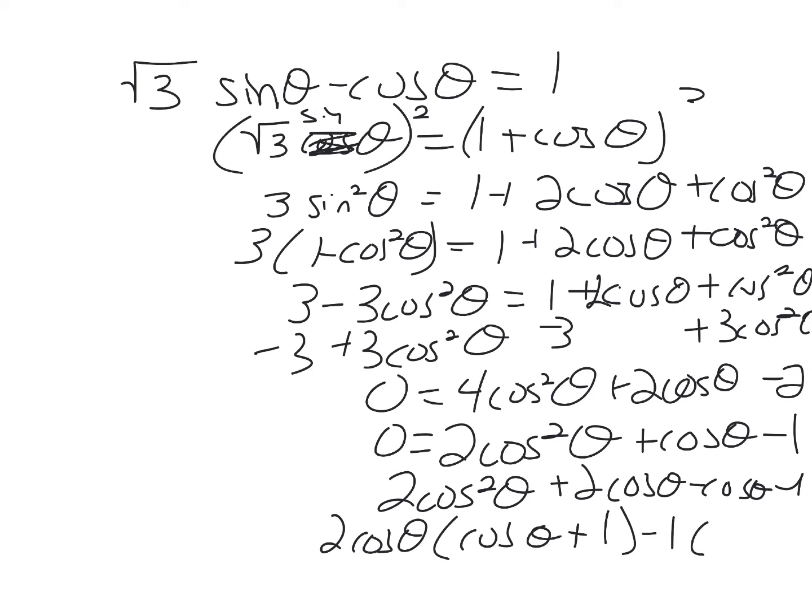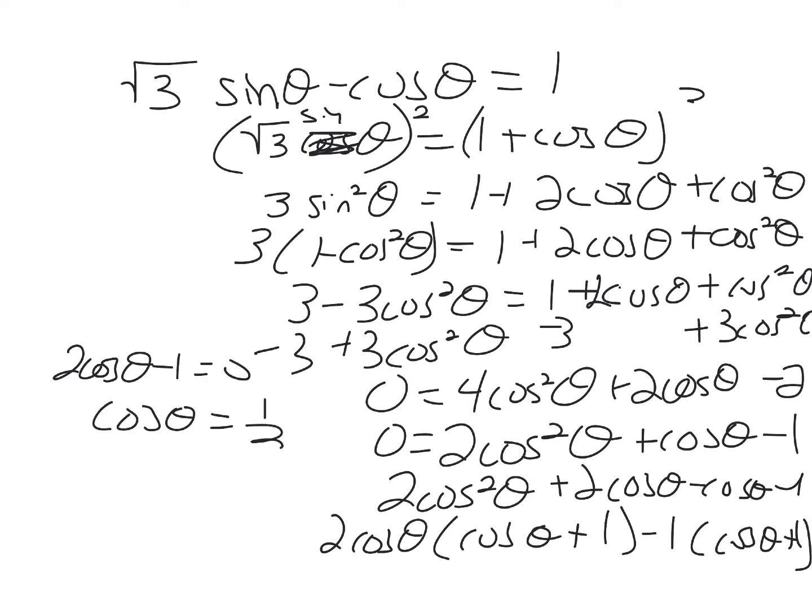And then factor out -1. And then set them both equal to 0. You get 2 cosine theta minus 1 equals 0, so cosine theta equal to 1/2. And then cosine theta equals -1.